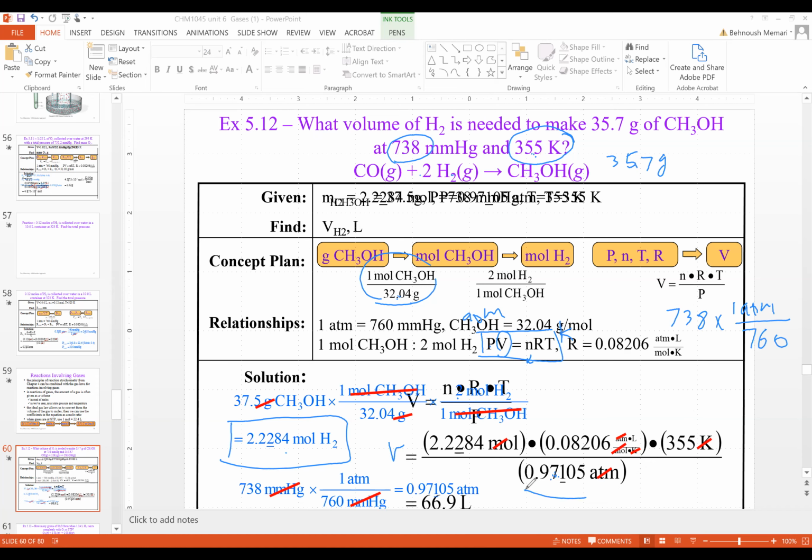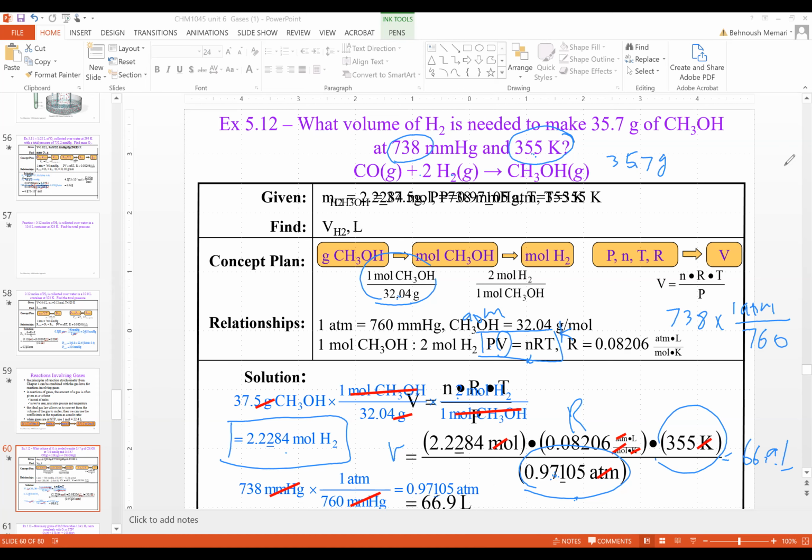That gives you the pressure in atm. The moles we already found from the stoichiometry of the reaction. So we have the moles of hydrogen gas, the pressure, R the universal gas constant, and the temperature. We can now find the volume. The volume is 66.9 liters under this condition of temperature and pressure.